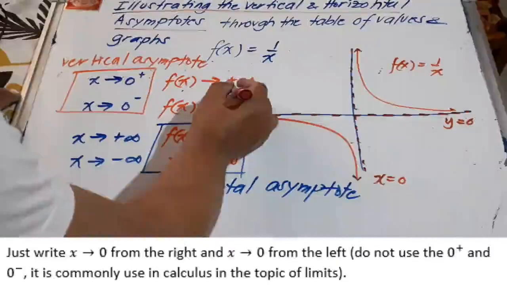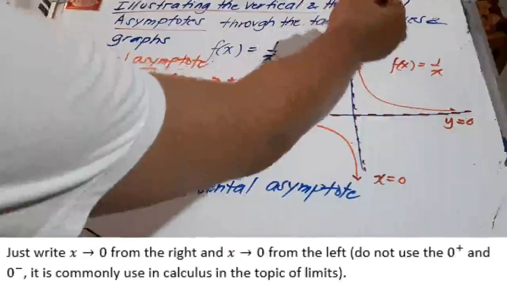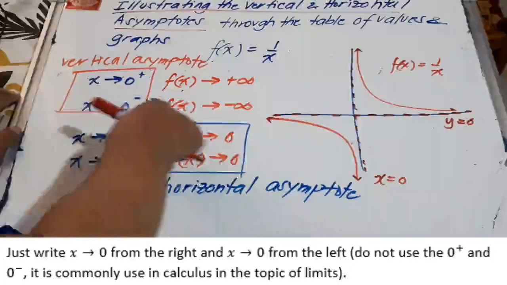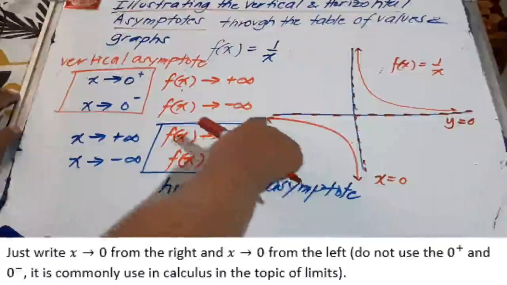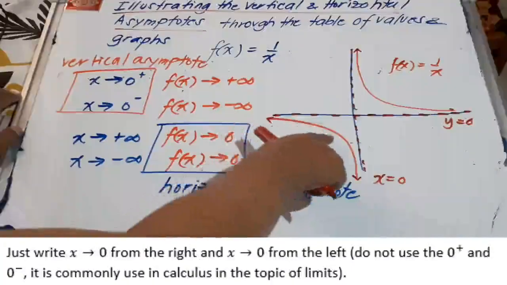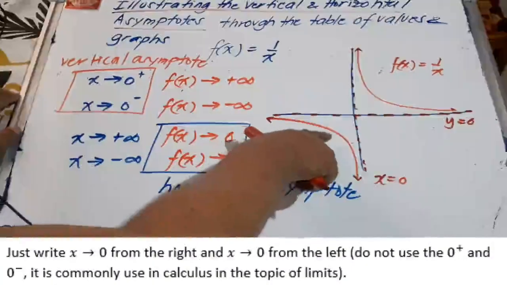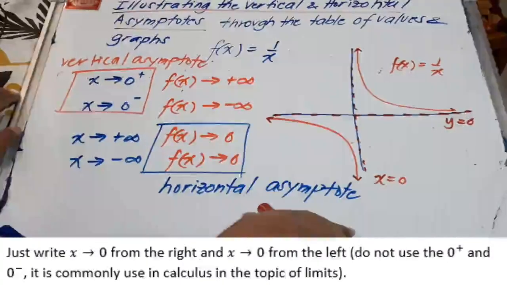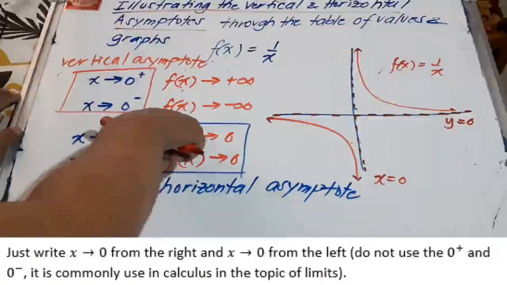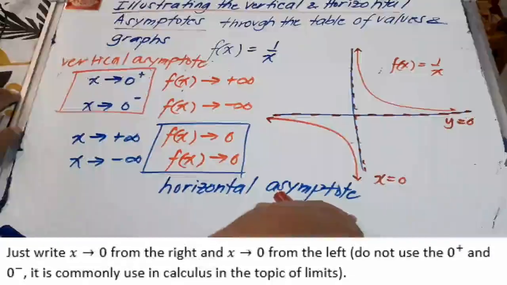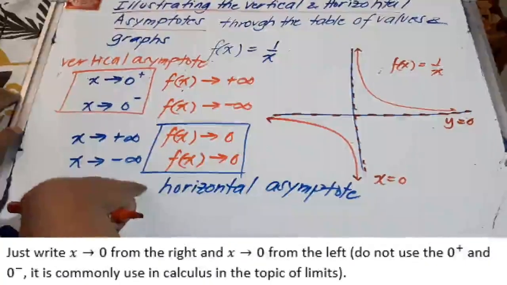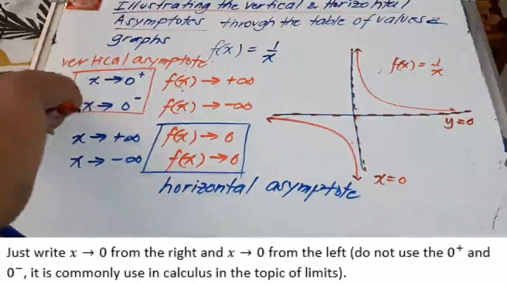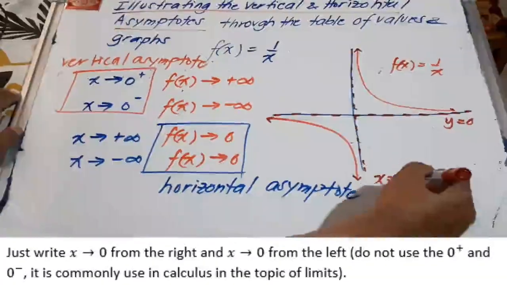Meaning f of x is approaching to positive infinity. Okay? And as x approaches 0 from the left, yung ating function f of x is decreasing without bound. Meaning f of x approaching to negative infinity. Okay? These two. So, ang ibig sabihin nun, itong 0 na to, that is your vertical asymptote.